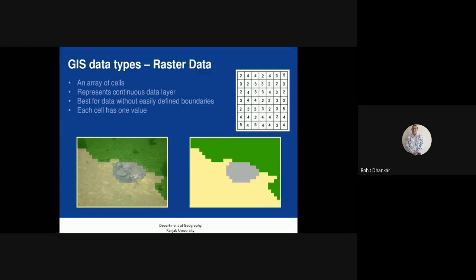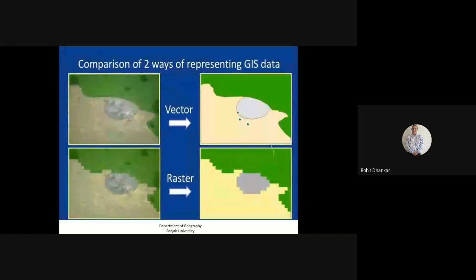So that's how it is interpreted. Everything which gives the same value, we assign it a single value. I hope you have understood the difference between raster and vector. If not, you can currently see on the screen how vector data is shown and how raster data is shown. On the basis of vector and raster, we do various processing on these two data types.